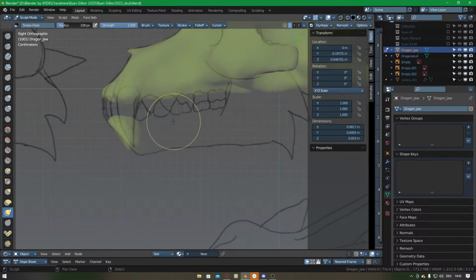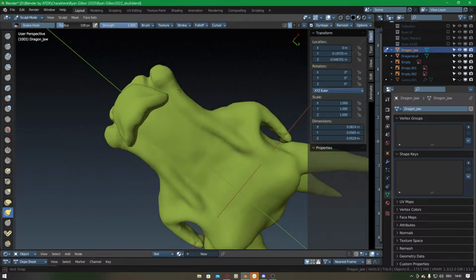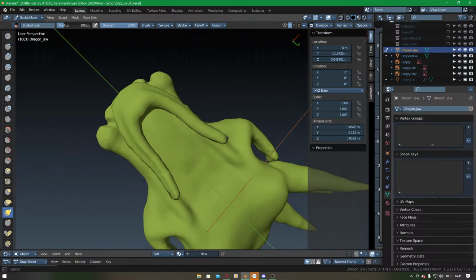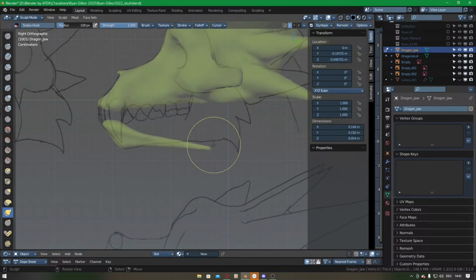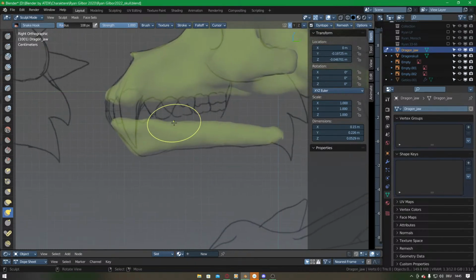I don't have the jaw from below, so I have to basically use my anatomical knowledge to get this done.